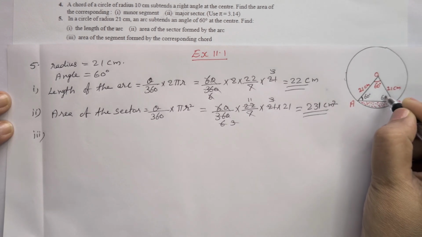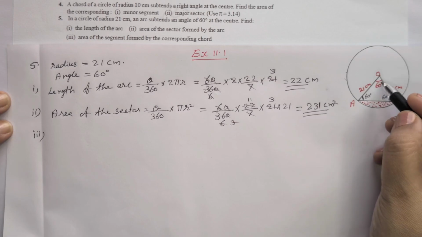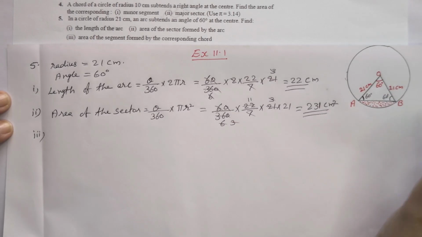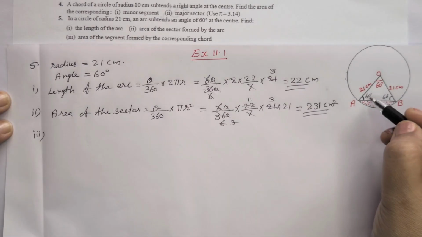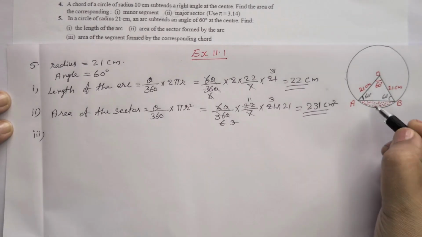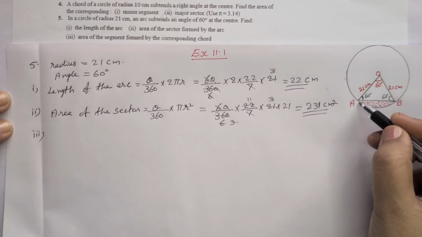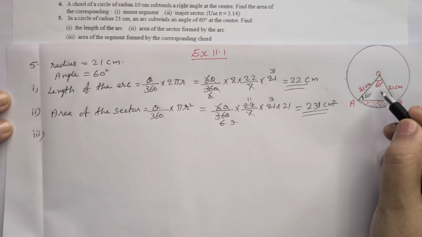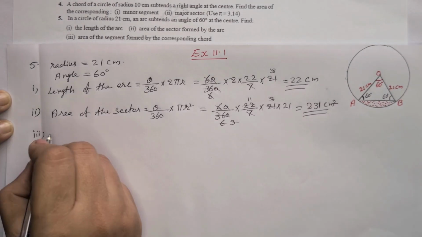If the two sides are equal, then its base angles will be equal. Then 180 minus 60, we will get 120. 120 when we are dividing by 2, each one has 60 degree. So this is an equilateral triangle. To get the area of this segment, first we have to calculate the area of the sector and the area of the equilateral triangle.